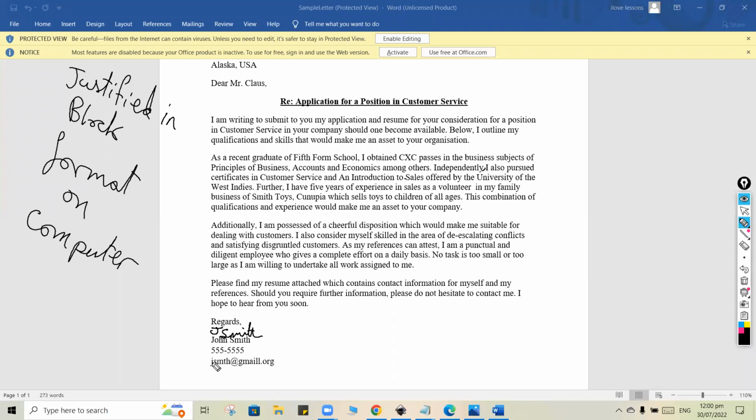So if 10 people have passes in POA and POB and Econ, and all you're seeing is the list of grades that they have, there's no letter to give a sense of who they are and what else they've done and how the things they've done will help them fit into your company.